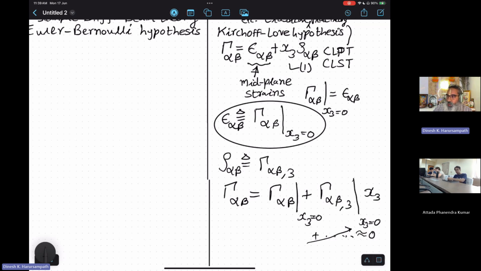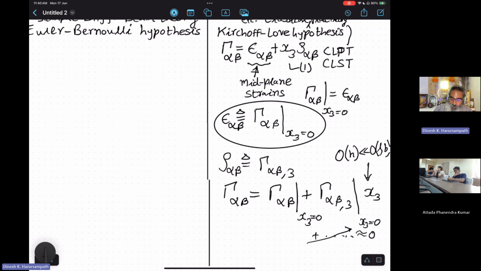And that made a little bit of sense, because you remember that x3 is of the order of the height of the laminate or the thickness, which is very small compared to the order of the length and the breadth. So therefore, higher powers of x3 became smaller and smaller, and therefore you're dropping off those terms. That is the whole idea behind this assumption.